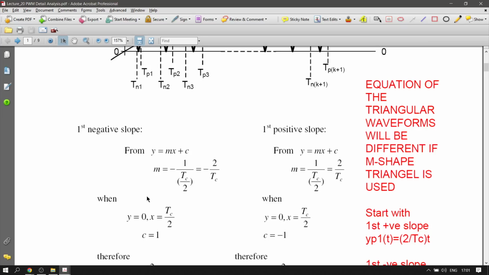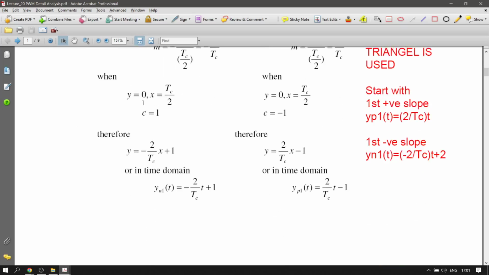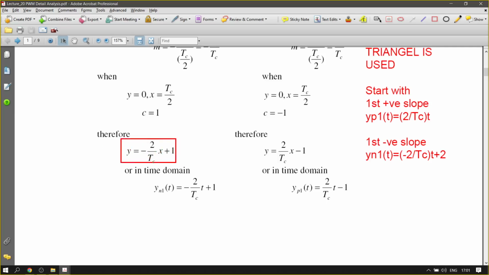And therefore, now we have an equation. The equation will be y equals minus 2 over TC x plus 1. Based on these findings, this is the equation to describe the first negative slope line.